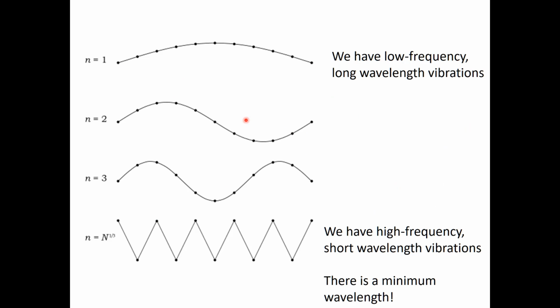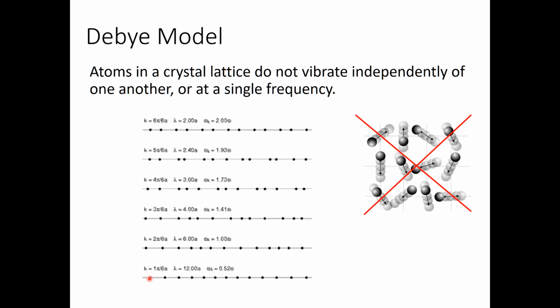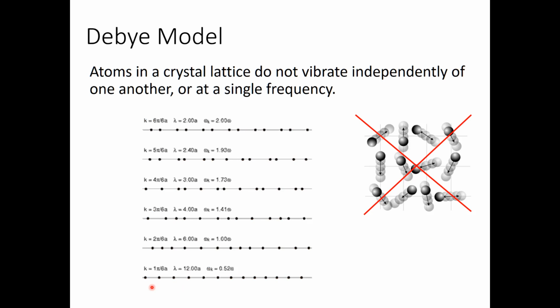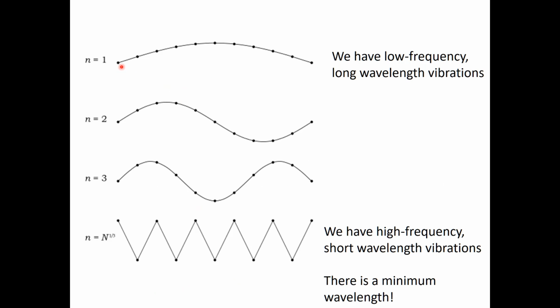So if I go back to this and start thinking about these vibrations, what I'm plotting here now is the wavelength of particular waves that I'm viewing over here. So we have very low frequency, long wavelength vibrations, right? And the lowest frequency we can have is the length of the entire crystal, just one gigantic wave of the crystal.